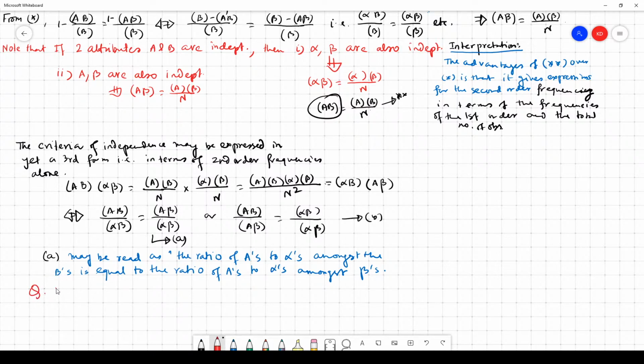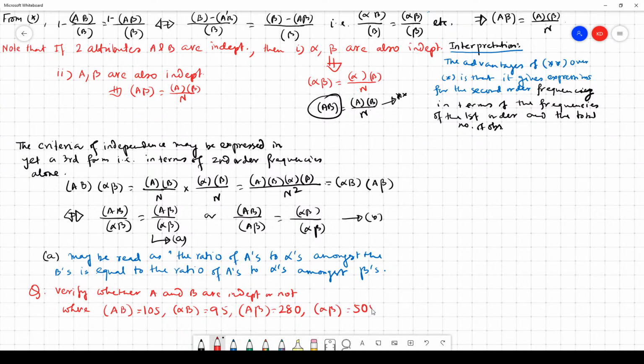Verify whether A and B are independent or not, where AB is equal to 105, alpha B is equal to 95, A beta is equal to 280, alpha beta is equal to 505.